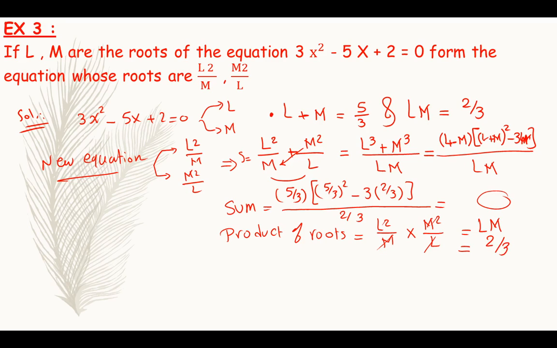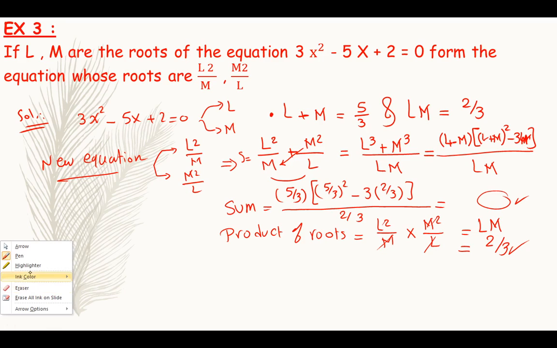We are going to replace LM by 2 over 3. So now we have the sum of the new roots and the product of the new roots, and you can write the equation as we are going to see by using the PowerPoint.